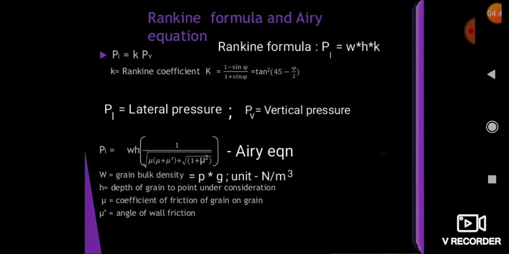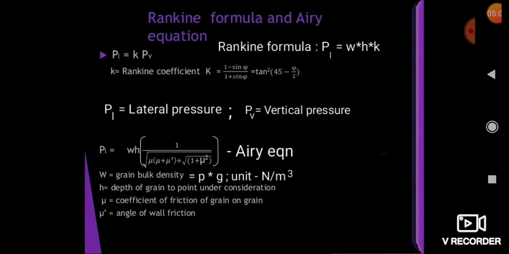Now friends, you see the formulas. Friends, regarding deep bean and shallow bean, different types of formulas are given, and different scientists have given the formulas. First one we have studied, that is Rankine's formula. And friends, you remember that all these formulas are given for lateral pressure. You have to understand the difference between lateral pressure and vertical pressure.